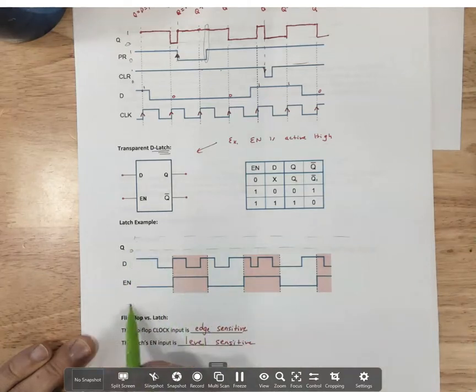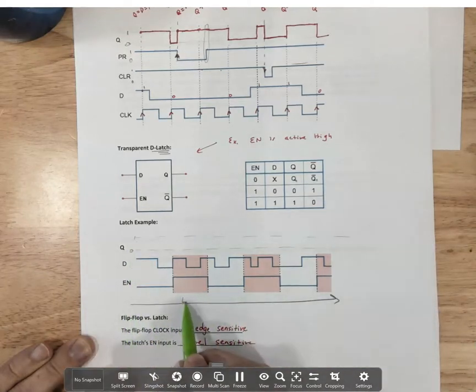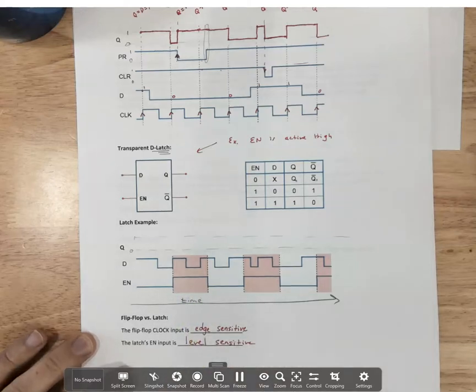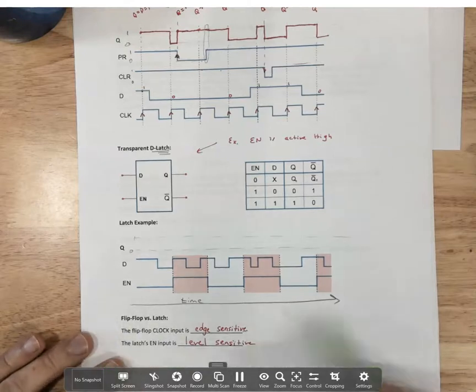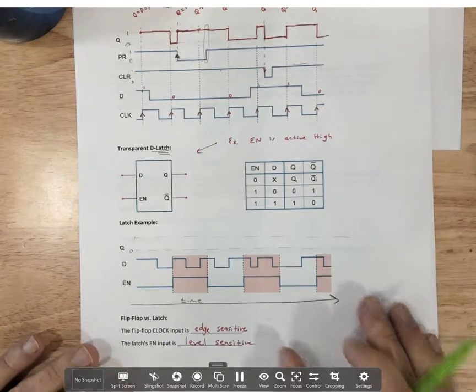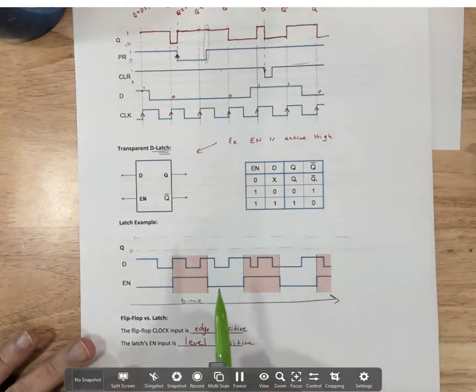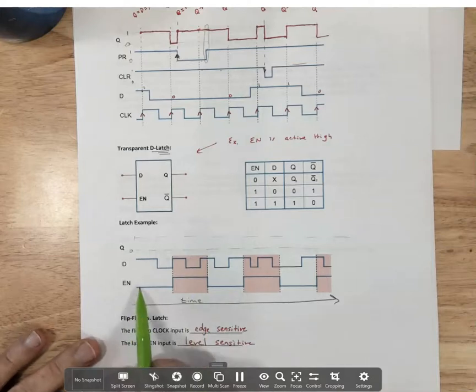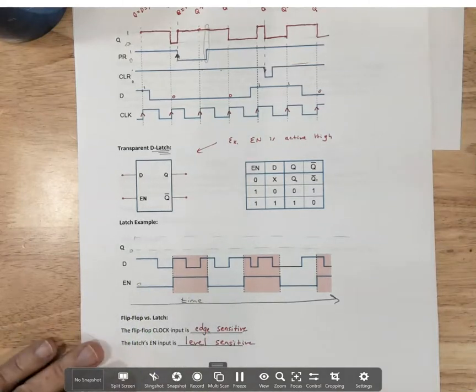All right, so you guys do get that this is a left to right graph showing signals that are changing over a period of time, right? So we kind of have an x-axis here of time. The enable is off, it's low.